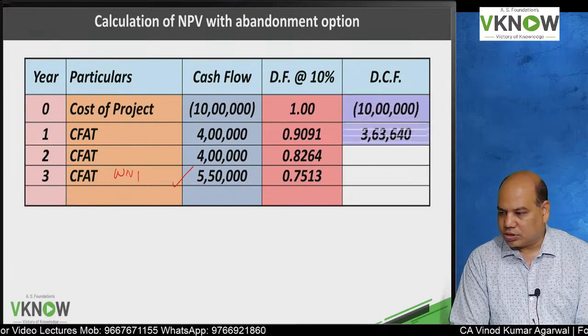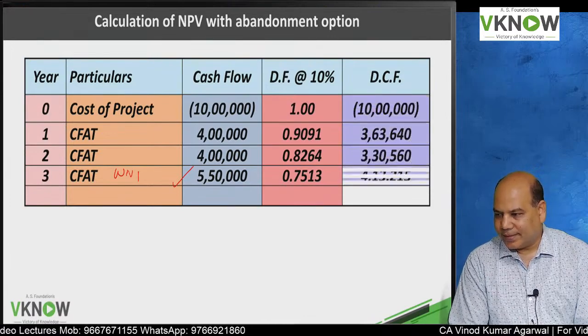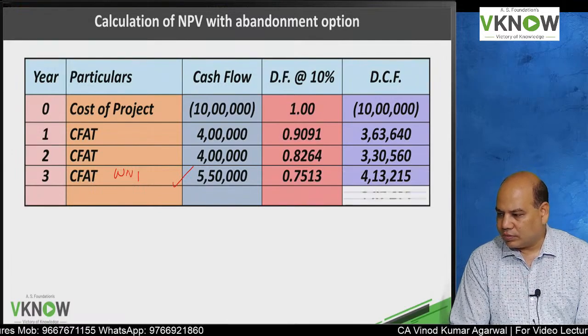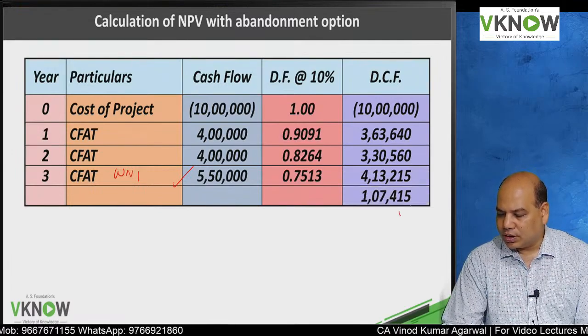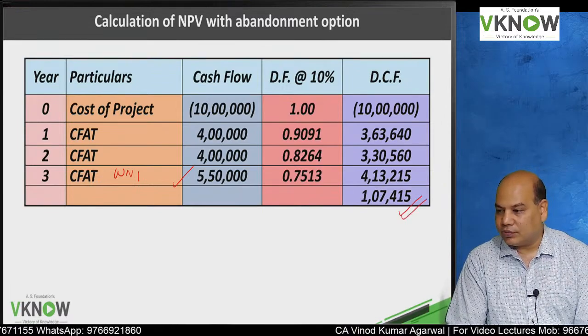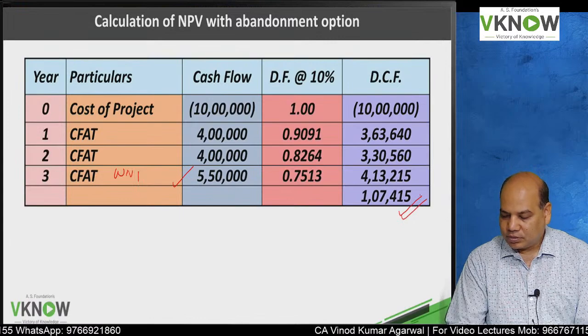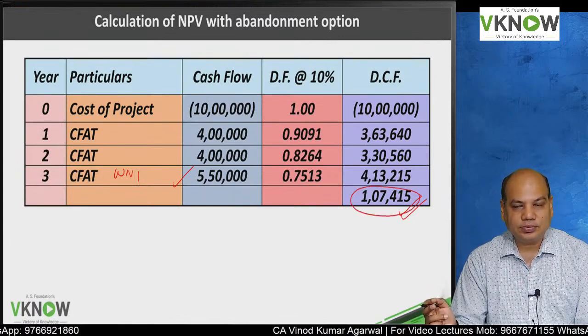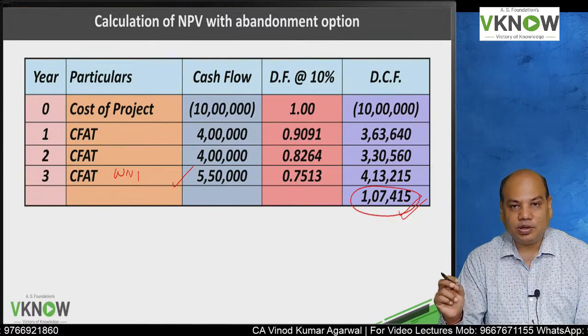The total is how much? Total of the last column is something around 1,07,415. So if I have abandonment option, then my NPV will be positive.